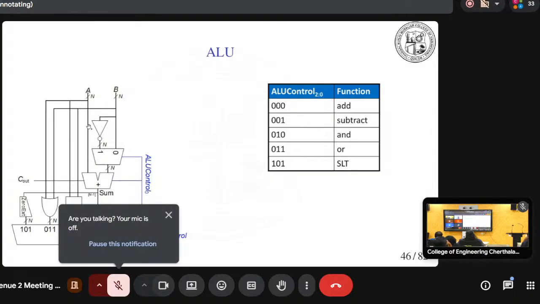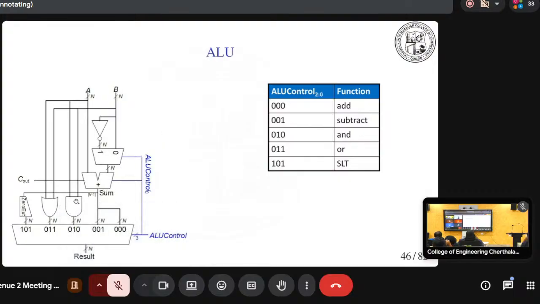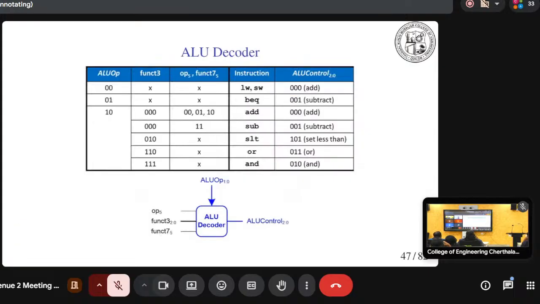So to do the two's complement addition, I have an inverter and a mux combined with that. And I have an add operation, no operation, and I also have shift left. And this is the decoder. So all these things are flexible. We can design it with our convenience.